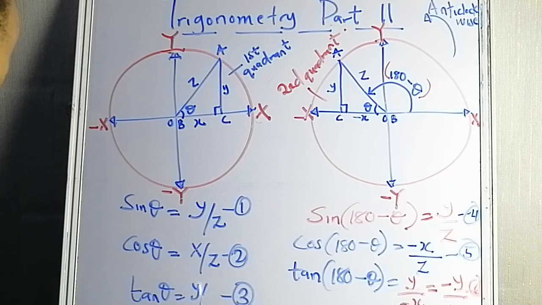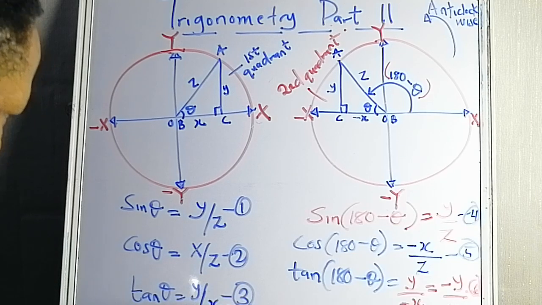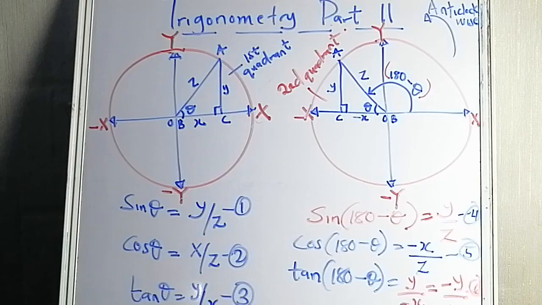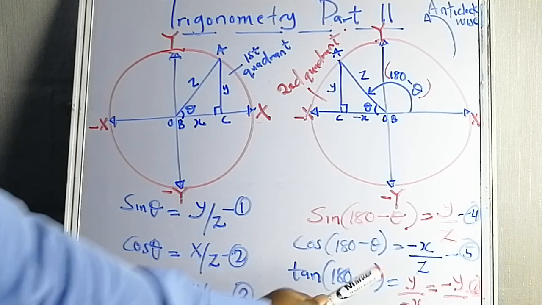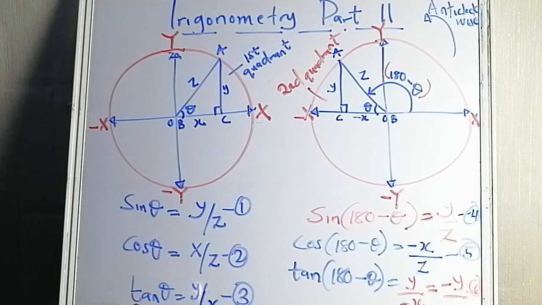So that is y over x, opposite over adjacent. The same thing applies here. Tan 180 minus theta is equal to minus tan theta. So instead of writing y over x, I can just write tan theta.